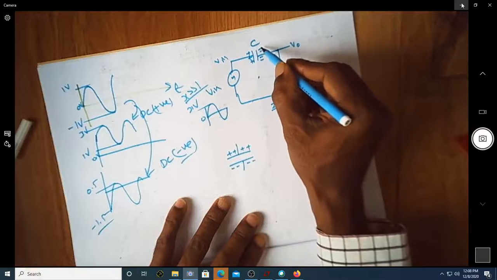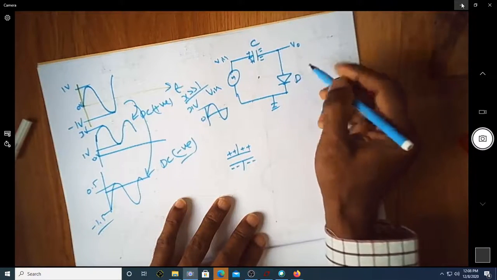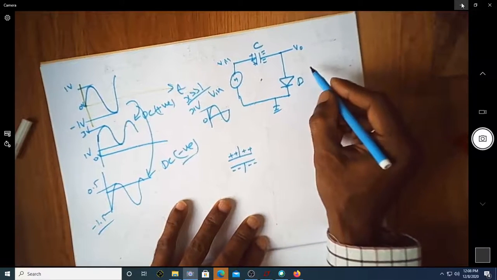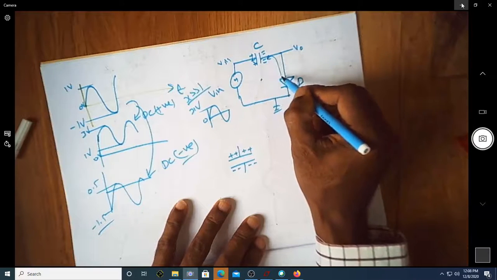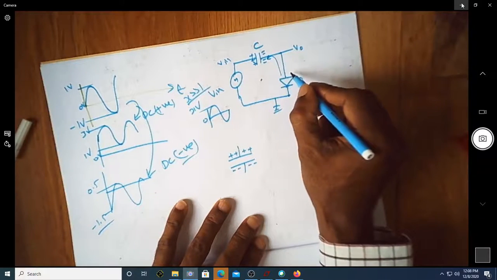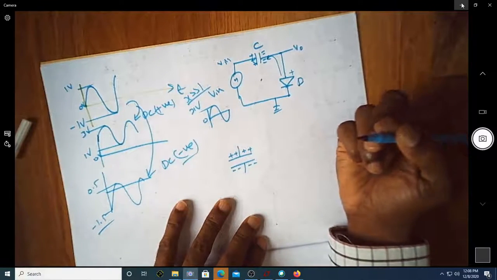This negative charge has to come from the other side, that is from the diode. The diode will be happy to give this negative charge onto the capacitor, because upon giving negative charges, this will become positive. Whenever this becomes positive, the diode starts conducting.